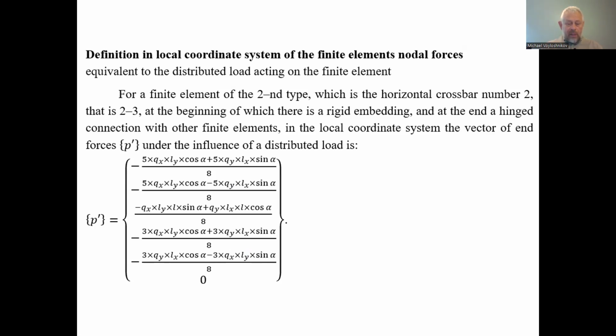But all these elements of the end force are applied to the ends: the first three to the beginning of the finite element, 1, 2, 3, and the next three, 1, 2, 3, and the hinge 0 moment to the end of the second type finite element embedded at the beginning and hingedly connected at the end.